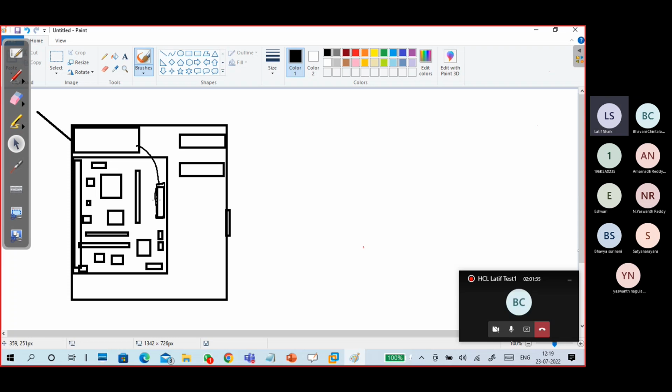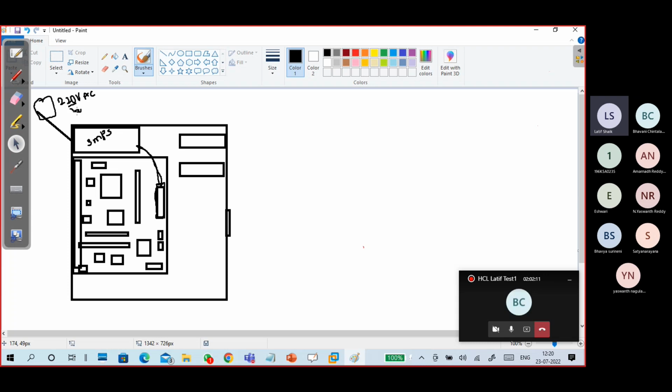We have a connection from SMPS to this one, SMPS, switch mode power supply. Outside we have a plug socket, there is a connection. It is an AC supply, 220 volts. In some textbooks it is 230 volts. It's okay, whatever it is. So basically it is 220 volts AC supply, 50 hertz frequency.